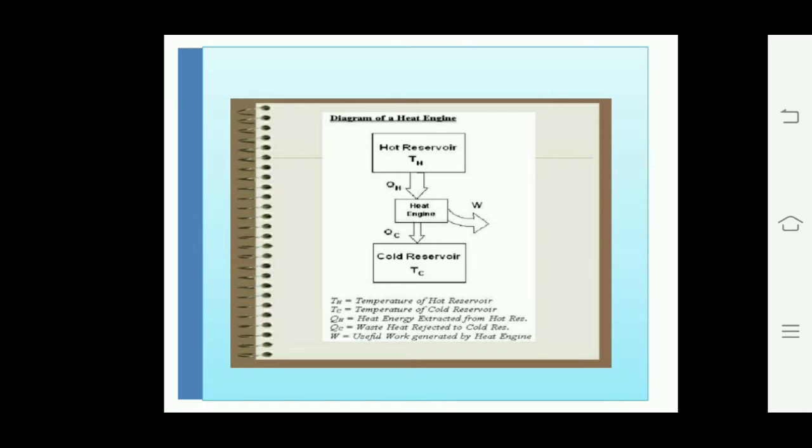So QC is waste energy that comes from the heat engine, going to the cold reservoir TC. The W on the arrow is the useful work generated by the heat engine. This is the total work output by the process, by one cycle. So that is a diagram of a heat engine.